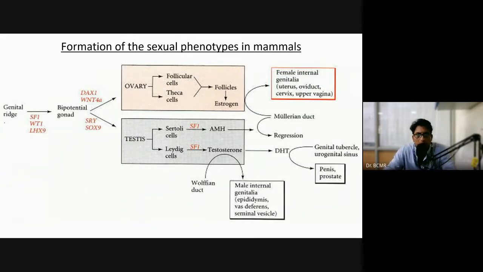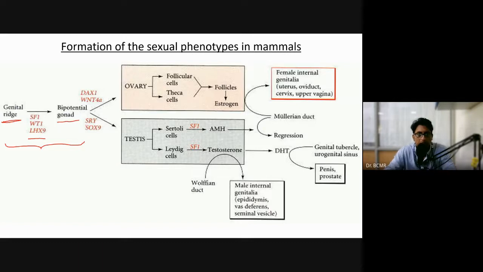So let's have a look at a few more things. During the embryo stage, it forms a genital ridge, which is going to be the future of the gonads. We don't have to memorize all of these factors, but it is a good idea to at least know that there are multiple, complex factors. The genital ridge to bipotential gonad step is common in both males and females.